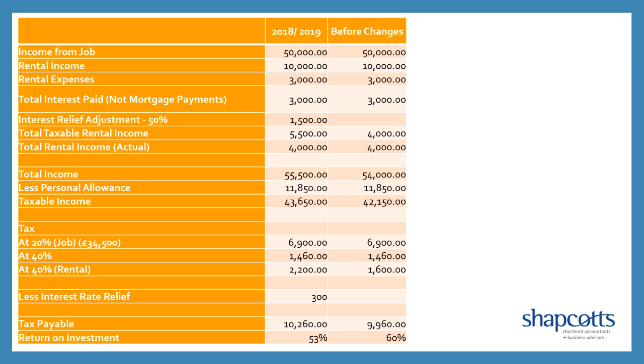So it is going to start having an impact, especially as next year that interest relief adjustment is going up to 75% in the tax year we're just going to be entering. And in the following one, we're going to be getting to the point where none of it is allowable at the top of the calculation, and it's all going to be a tax credit at the bottom. So you're going to be only getting 20% whatever income you receive.